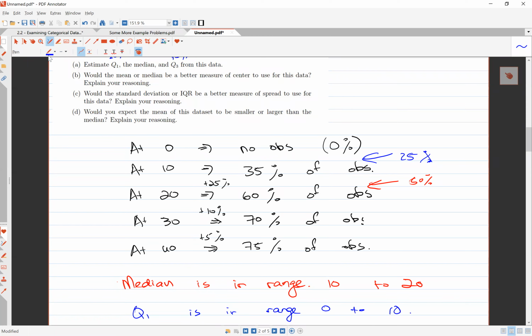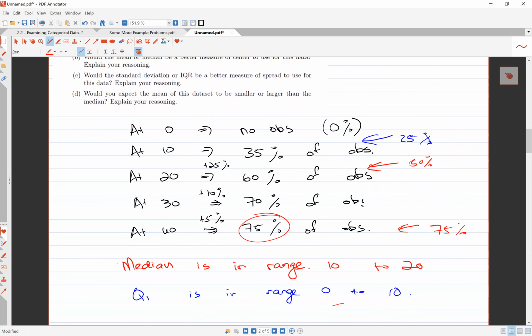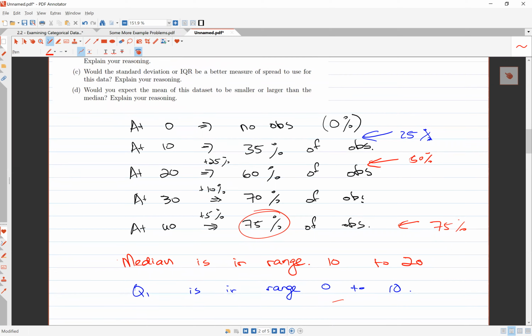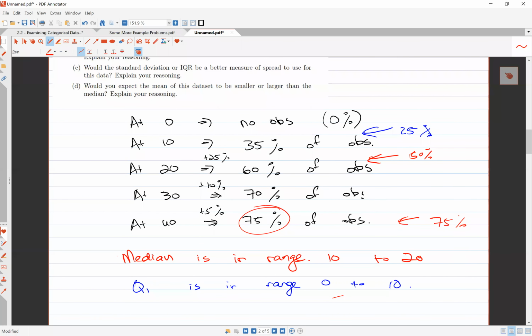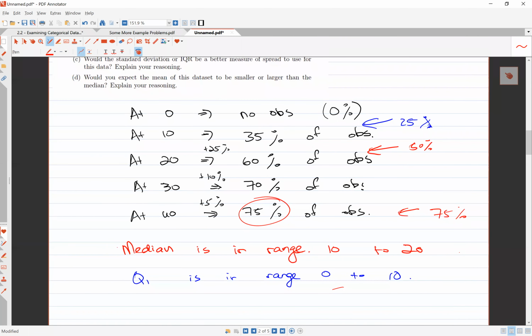And finally, we are able to be a little bit more precise. I know we are just approximately reading off this table, but we get something really close to 75%, right? So we can say Q3 is close to the value 40.